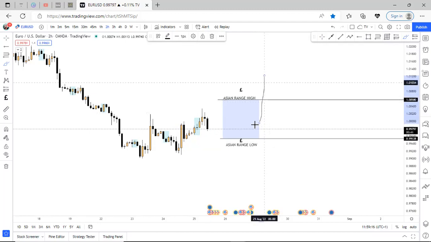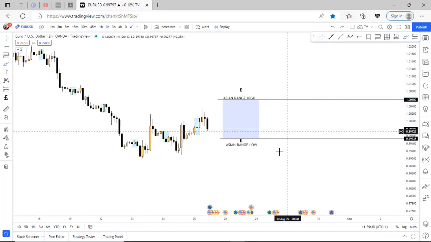Let's take for example that the bias of a pair is sell. Most times during the London session open, you will see price grab the Asian range high liquidity first before pulling down to grab the Asian range low liquidity. So this is just the simple explanation of this Asian range concept.